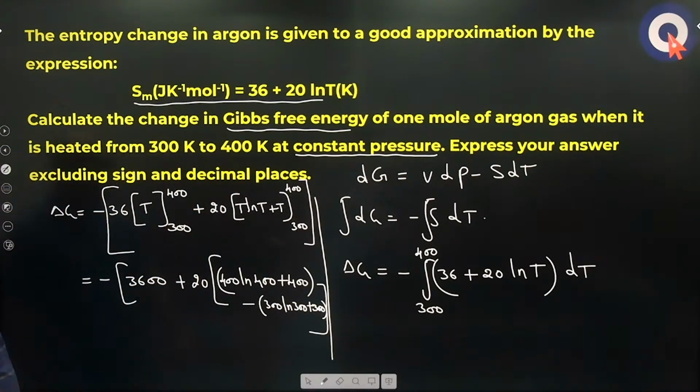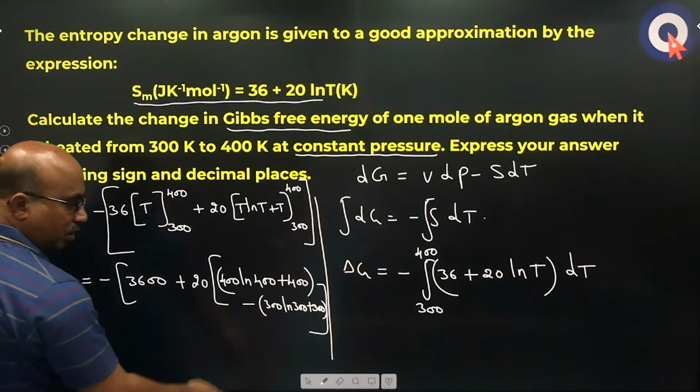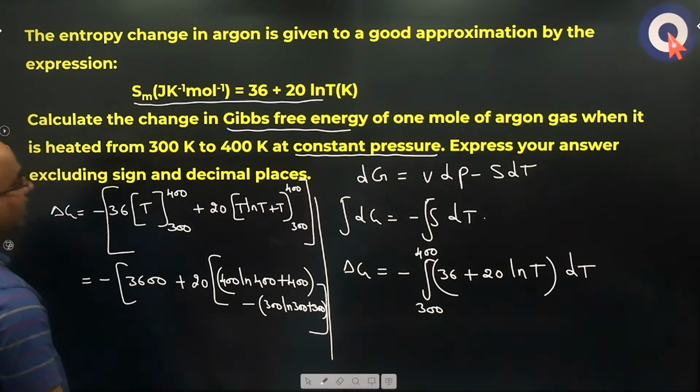This will give the value in terms of joules anyhow. Exclude the decimal points, so write the nearest integer value. In the numerical part it is applied. Okay.